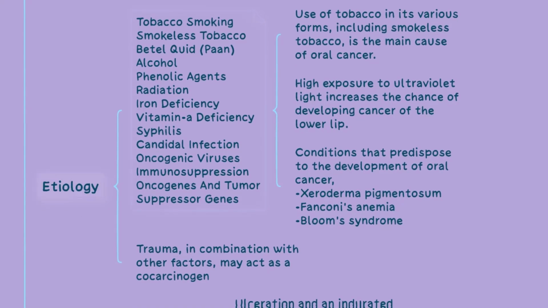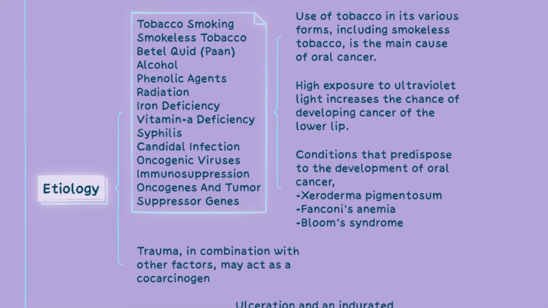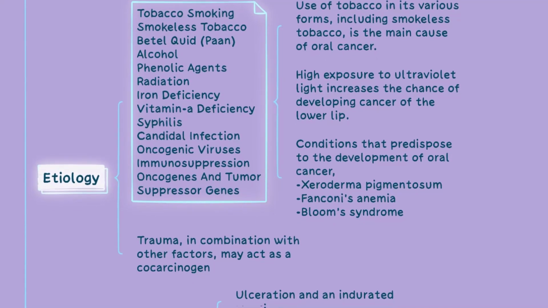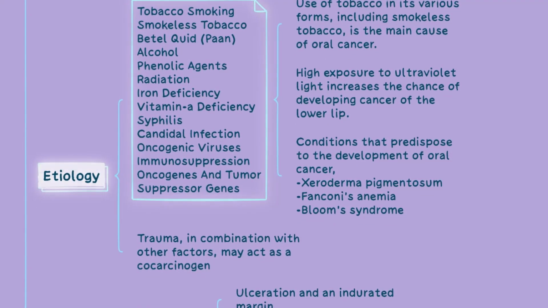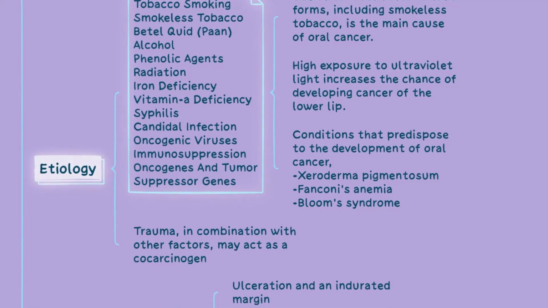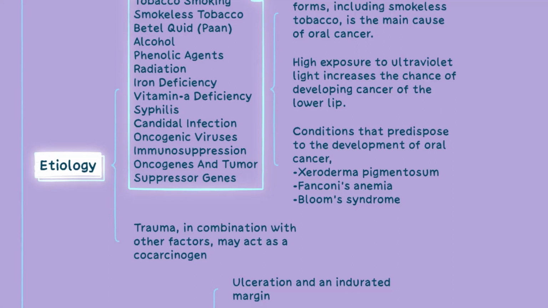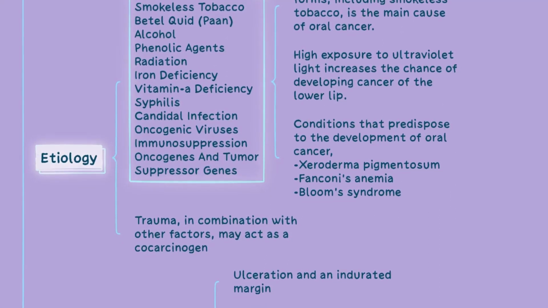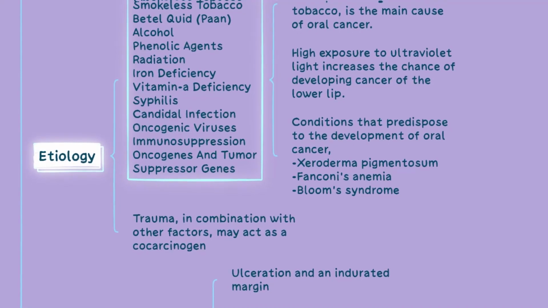These include tobacco smoking, smokeless tobacco, betel quid chewing, alcohol consumption, exposure to phenolic agents, radiation exposure, iron deficiency, vitamin A deficiency, syphilis, candidal infections, oncogenic viruses, immunosuppression, and abnormalities in oncogenes and tumor suppressor genes.